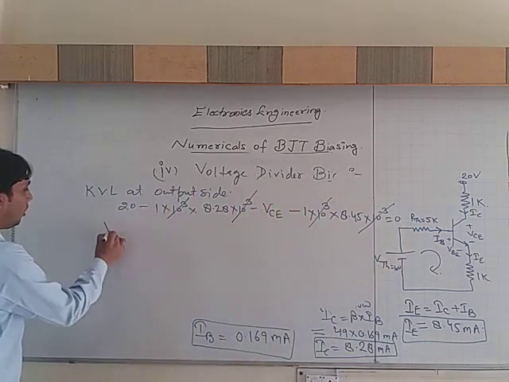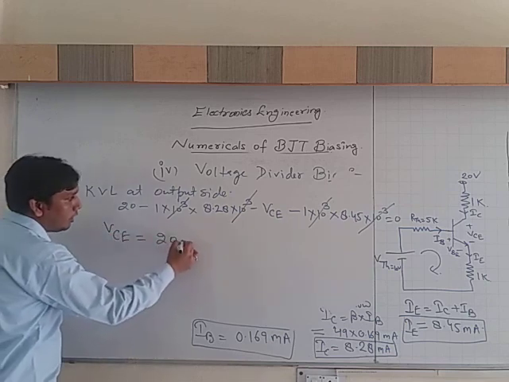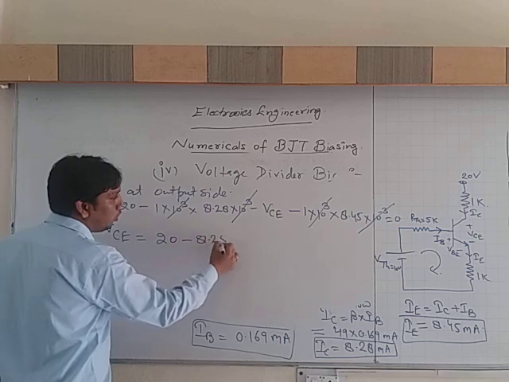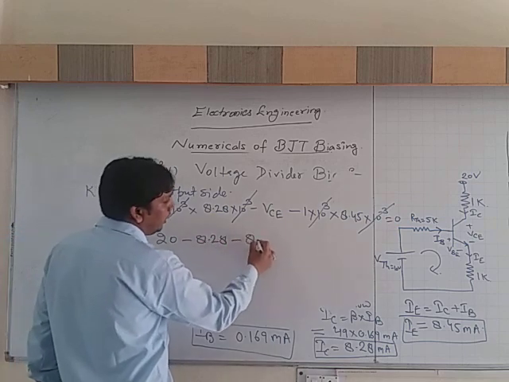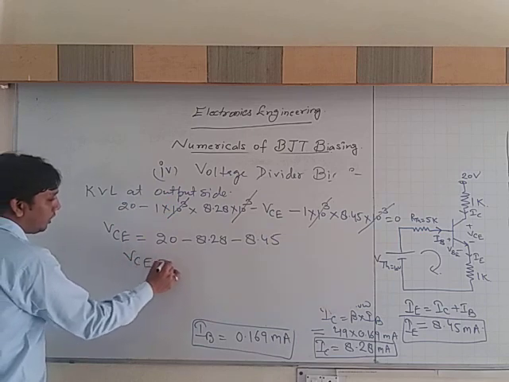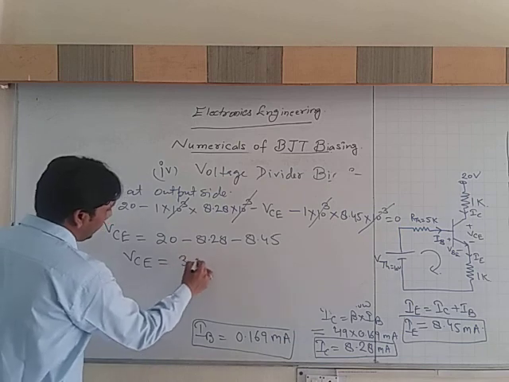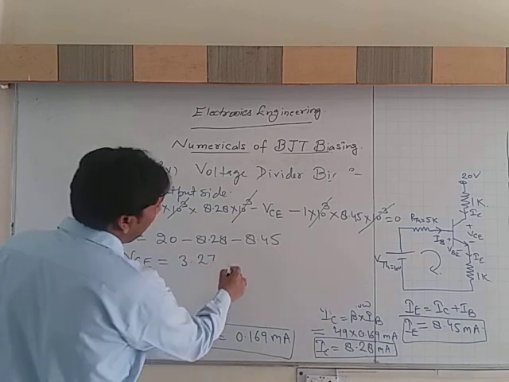So we get VCE equal to 20 minus 8.28 minus 8.45, and the value of VCE will be 3.27 volt.